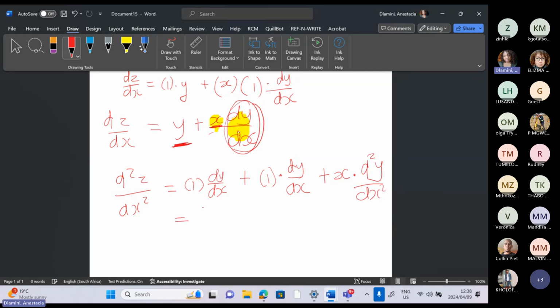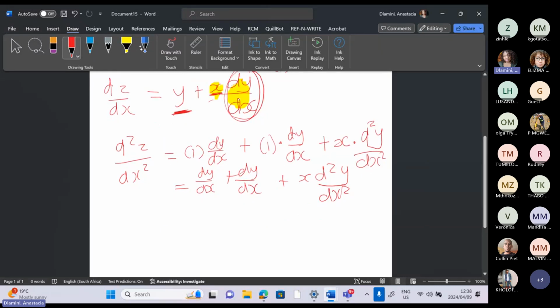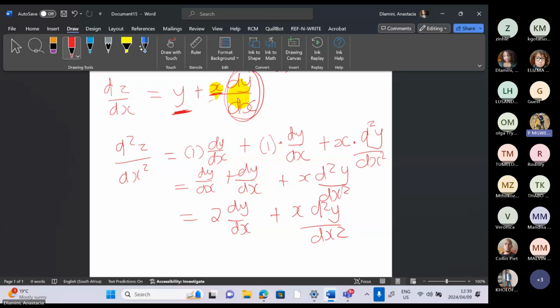Now we can see here we have dy over dx plus dy over dx plus x d squared y over dx squared, which means the second derivative of y with respect to x. So this is 2 dy over dx plus x times the second derivative of y with respect to x. Are we all together? Yes, ma'am.